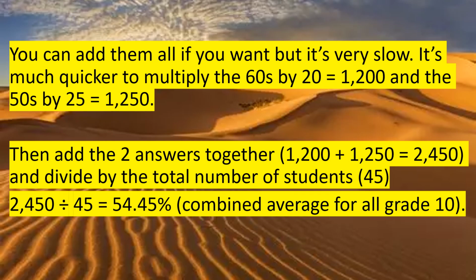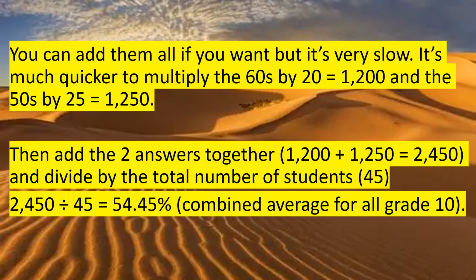You can add them all if you want, but it's very slow. It's much quicker to multiply the 60s by 20, the number of students who got 60, which comes to 1,200, and then the 50s by 25, which is the number of students in the second class, and that comes to 1,250.